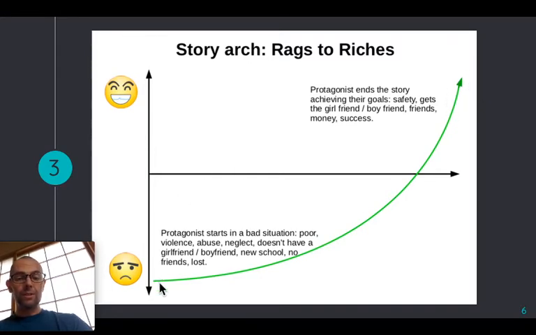This is a common arc for comedies, especially romantic comedies. They start off lonely with no boyfriend or girlfriend. They have a lot of silly attempts. Maybe there's a love interest, but through crazy things happening that make us laugh, they keep failing. Although the story is on an upwards trajectory, it ends happily.